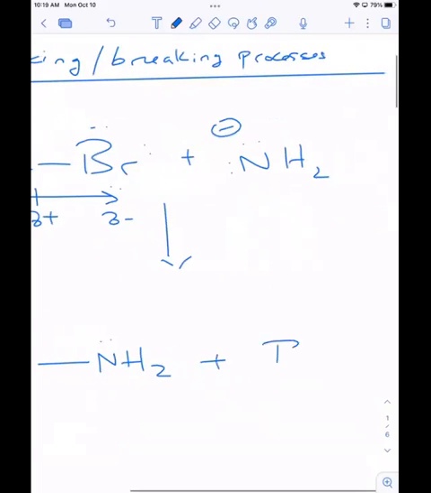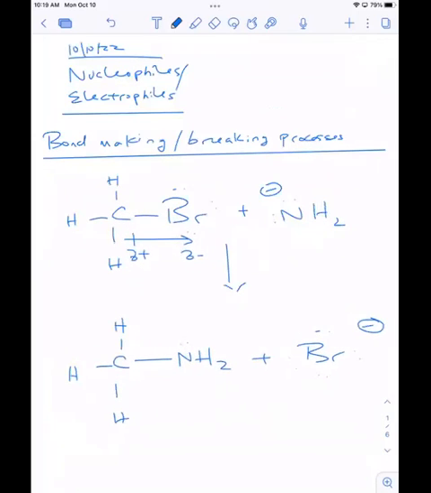Plus X. Right? What do you notice? What changed? From here to here. The placement of the Br and NH2. The bromine got replaced by NH2.